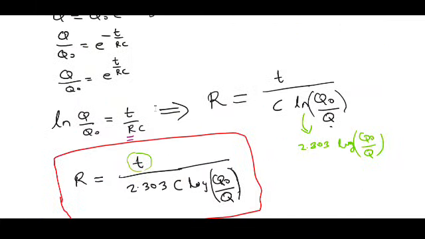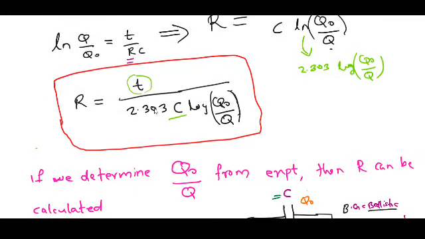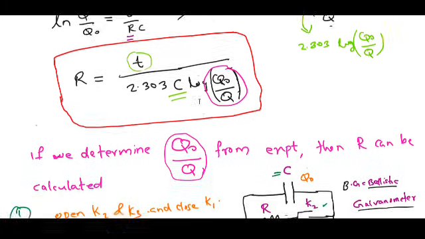The value of the capacitance used in the circuit is also known. Only the unknown factor in the equation was Q0 by Q. To find out that Q0 by Q, we are performing this experiment.